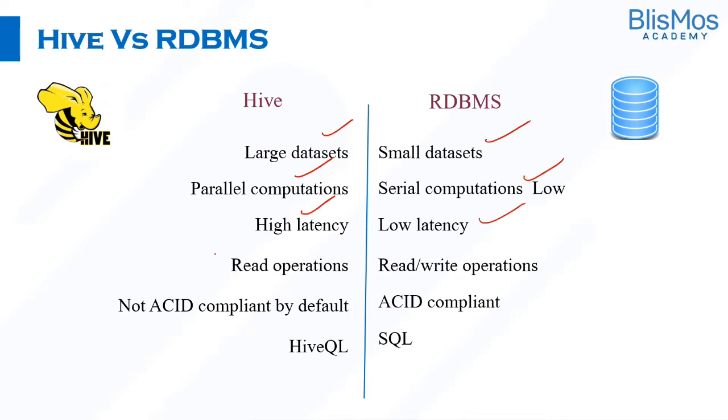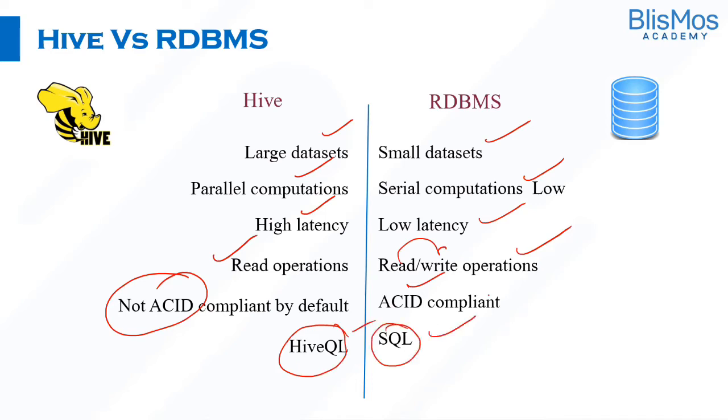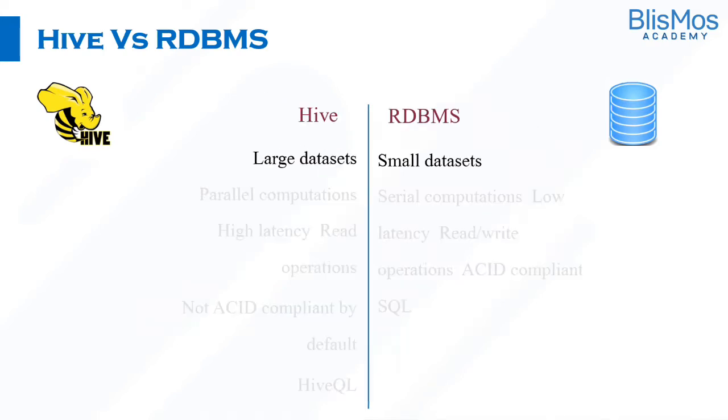Mostly we have read operations in Hive and we have read and write operations in RDBMS. Hive is not ACID compliant by default, but RDBMS need to be ACID compliant. We use HiveQL in Hive and we use SQL in RDBMS. We'll look at all these things in detail in the upcoming slides.